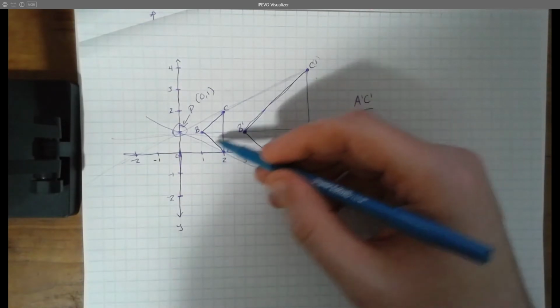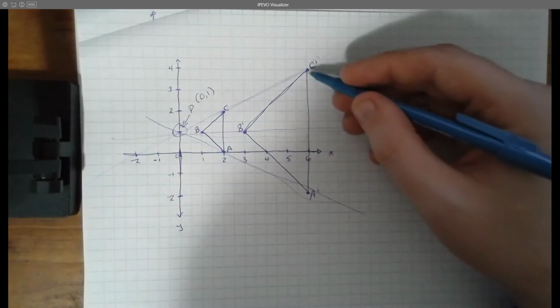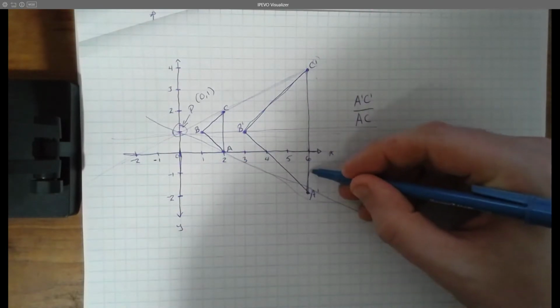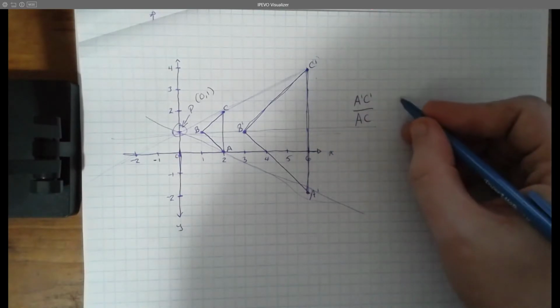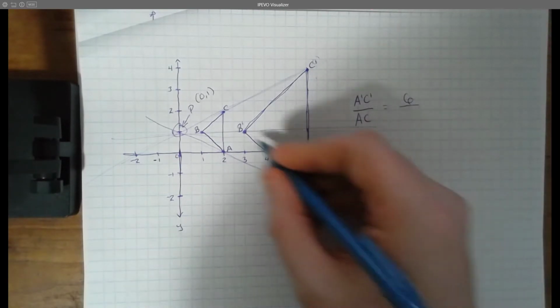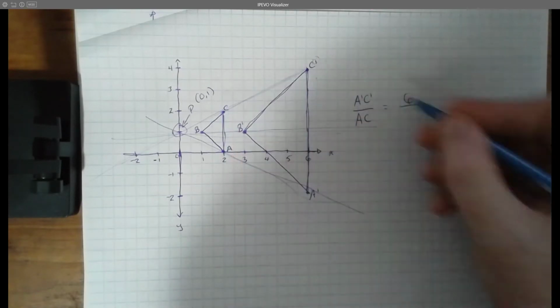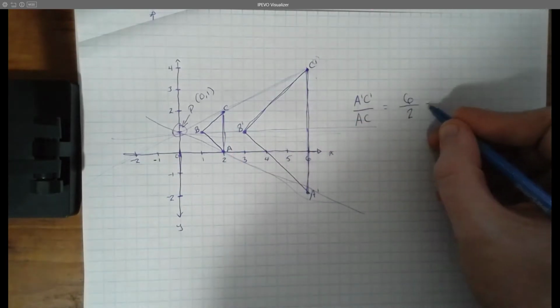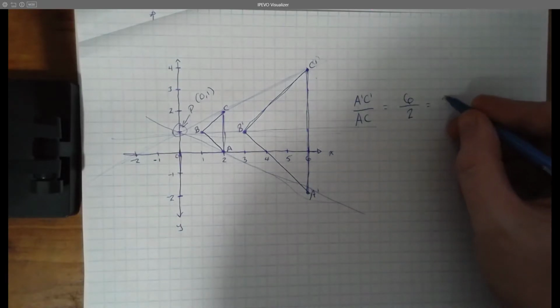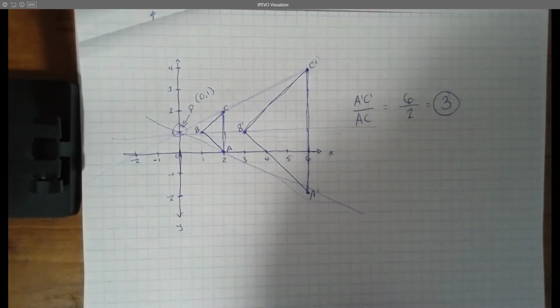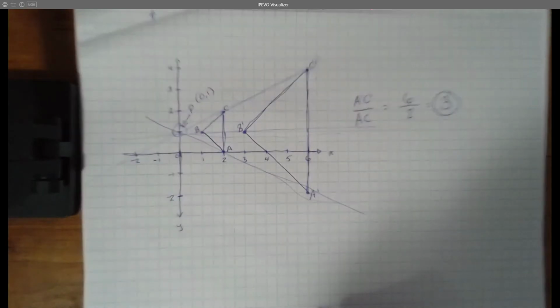If I could just count these up, right? So the object here, it goes up 1, 2, 3, 4, 5, 6 spaces. And the original goes up only 2 spaces, which when we figure all of this through, we get a final scale factor of 3. So that's our final scale factor here.